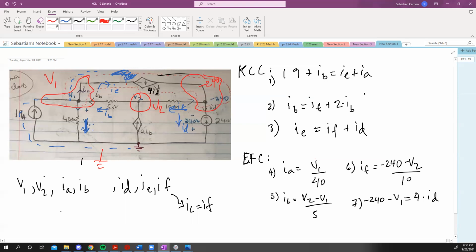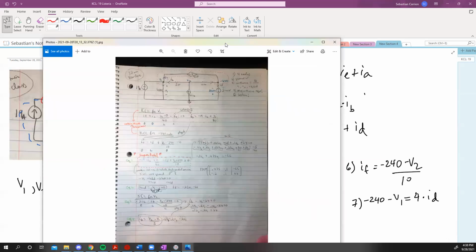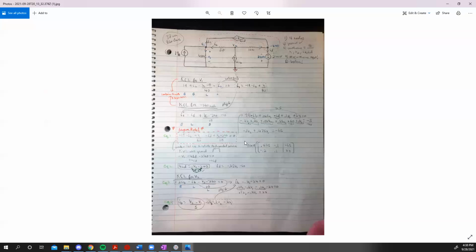So we do the KCL for V2: 2IB minus IB minus V2 minus negative 240 over 10 equals 0. Then you need an equation to solve for IB at the bottom, so IB is V2 minus V1 over 5. That's how he left us in class, basically saying figure it out.